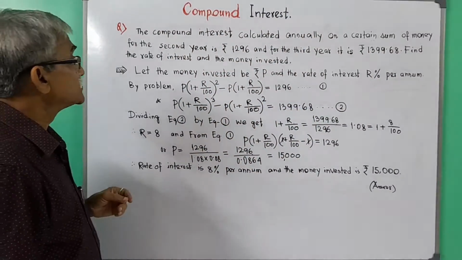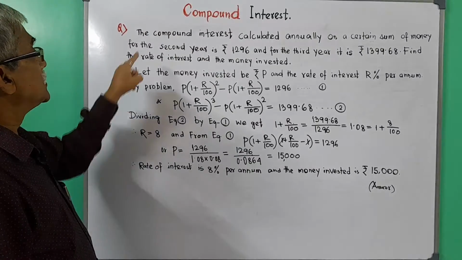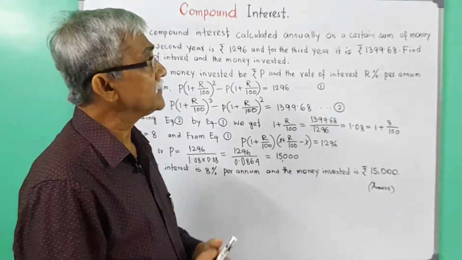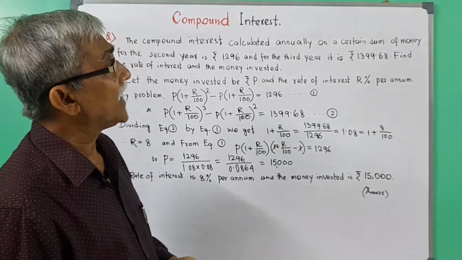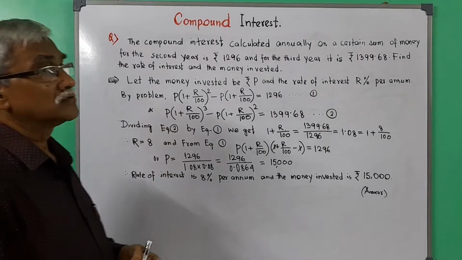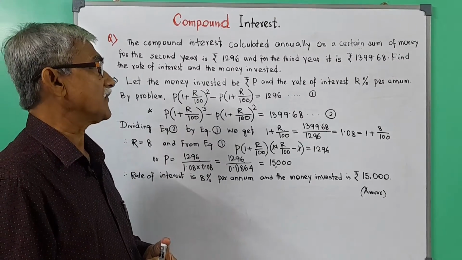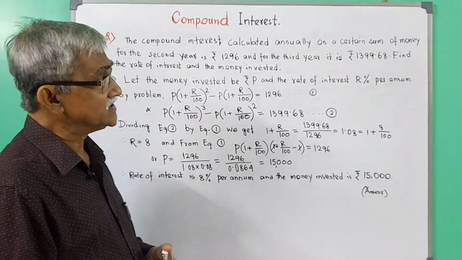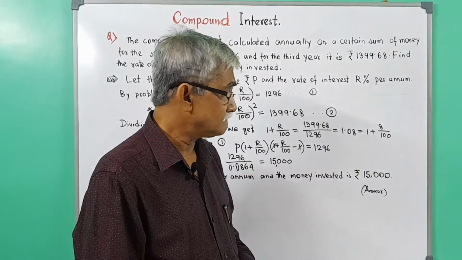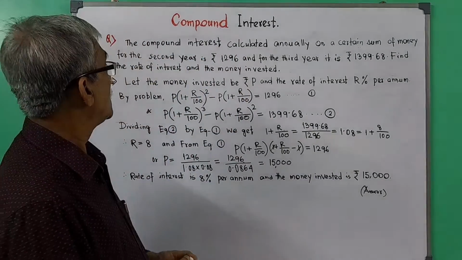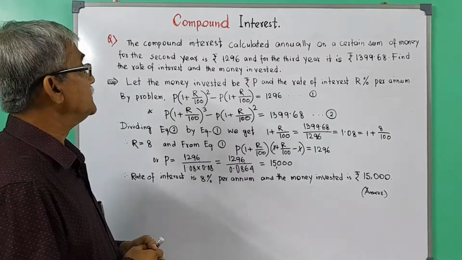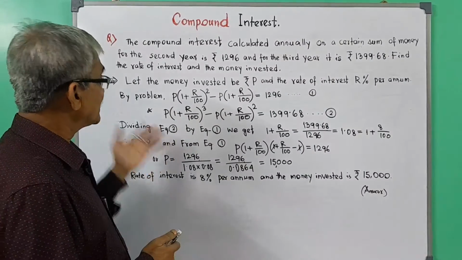Now let us take another question. The compound interest calculated annually on a certain sum of money for the second year is rupees 1,296, and for the third year it is rupees 1399.68. Find the rate of interest and the money invested. So let us answer it.